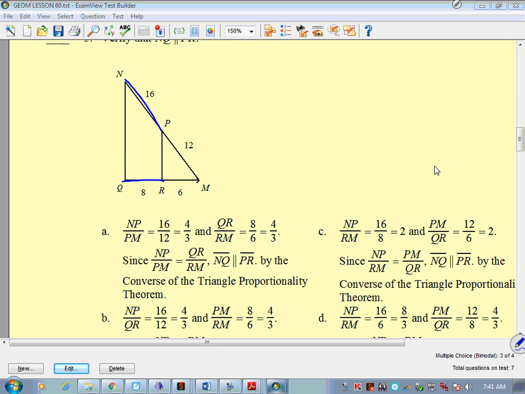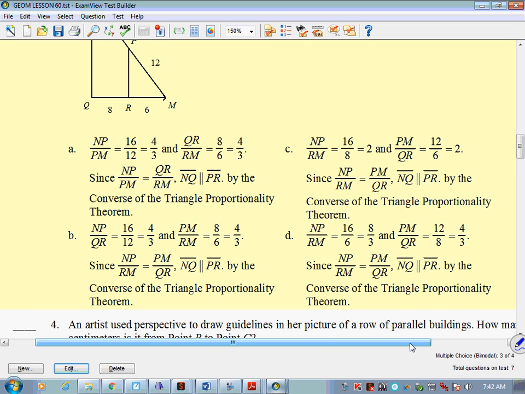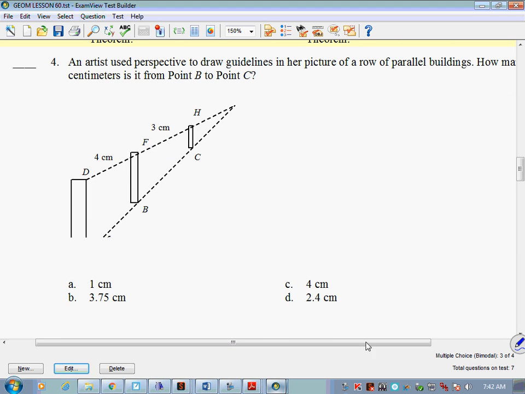That's what NP over QR is. You'll notice that QR is not 8, right? That's why we could go to that one and see why that doesn't work. And you're going to see similar problems to why a lot of these don't work. Now, they do all use the converse of the triangle proportionality theorem to prove it, but their ratios and proportions are incorrect. All right, let's come down here to number 4.